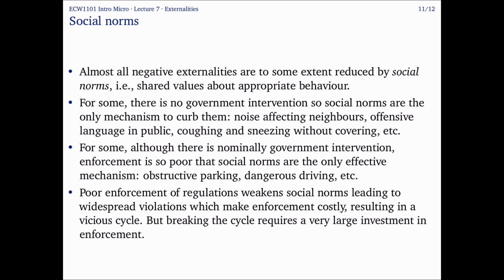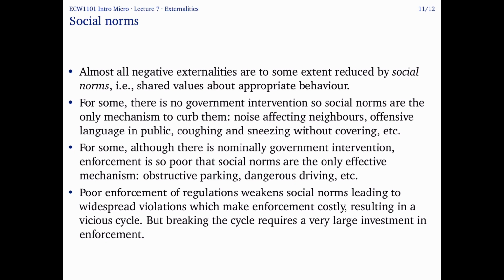If obstructive parking is heavily enforced, then it becomes an embedded norm in people that they are not going to park like that. And then it becomes easier for the government to catch people who do that because it doesn't happen that often. Vice versa, if it happens all the time and the government doesn't do anything about it, well, then everybody's doing it. It stops being a social norm at all.